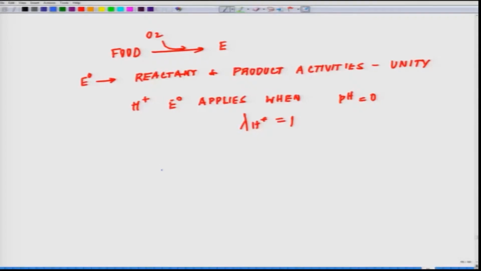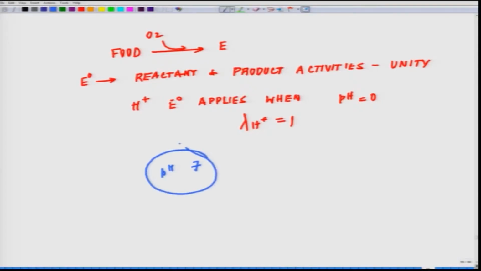Having said this, let us realize another fact, that biological systems do not work at pH 0, except probably in your stomach or in the gut, where you are digesting the food, which is an extremely acidic pH, but the whole biology works at pH 7.